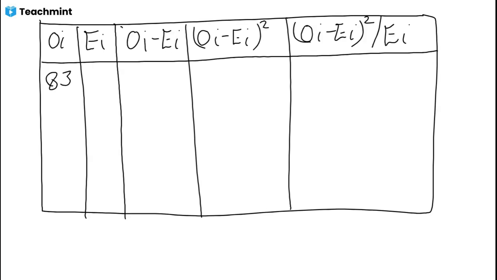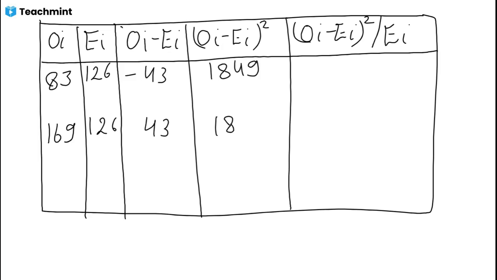Oi is 83 and 169, Ei is 126 and 126. We have minus 43 here and 43 here, and we need to find its square. The square of 43 is 1849.